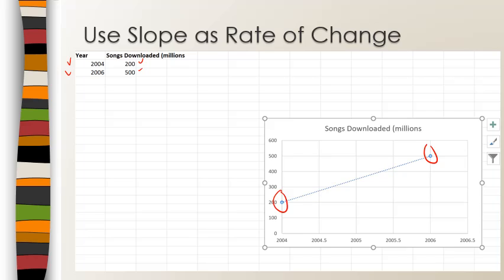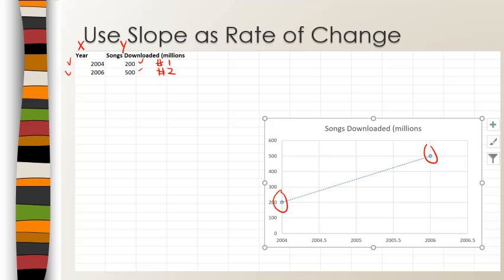All right, now I want to find my slope. Well, I have y2 minus y1 over x2 minus x1. And so I'm going to say that these are my number twos. This is my number ones. The songs downloaded are y. The years are x.